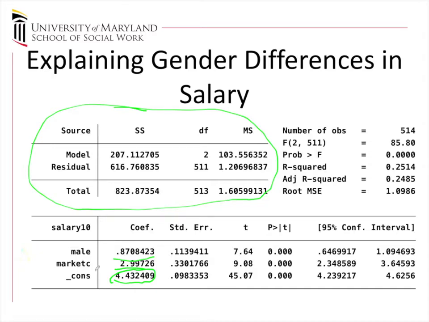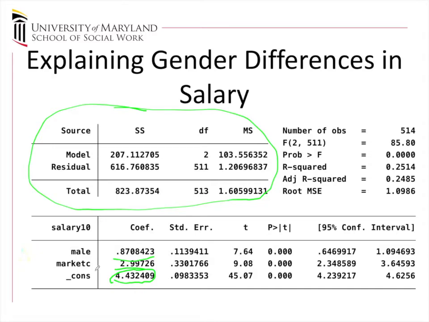So when we talk about the linearity assumptions, your data has a range, and you want to make your coefficients meaningful because that's where you have your information. And so that's why I centered this, because now I can say at the average market condition, a female salary is $44,000. A male salary is going to be $8,700 more than that at the average market condition.